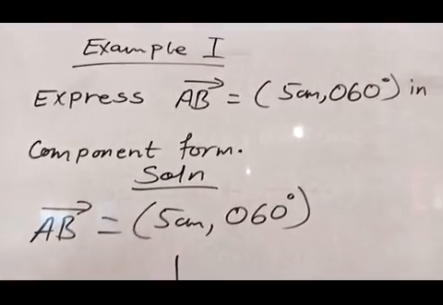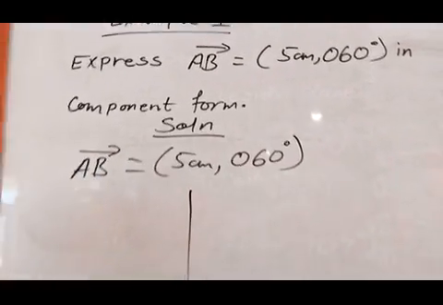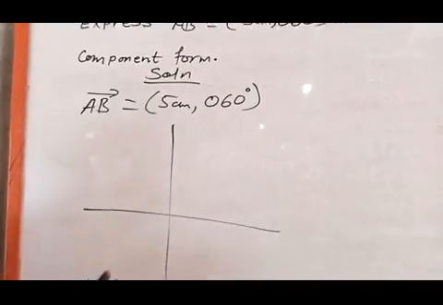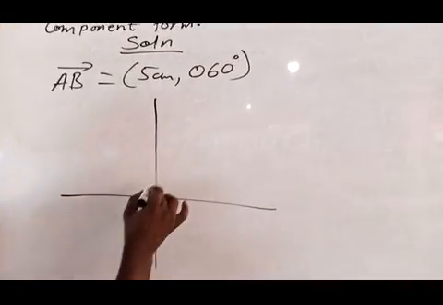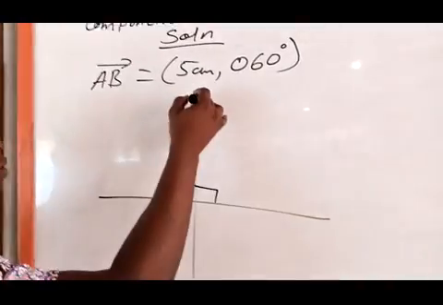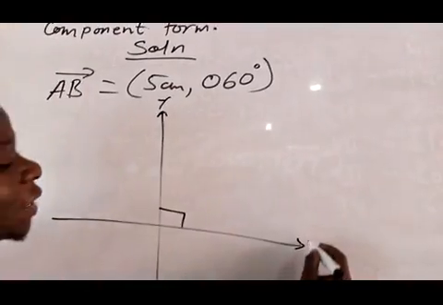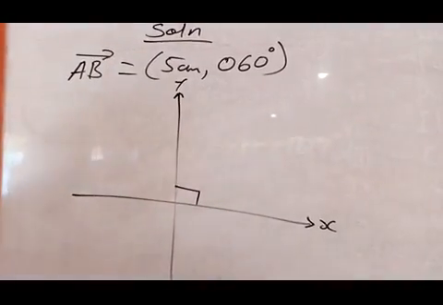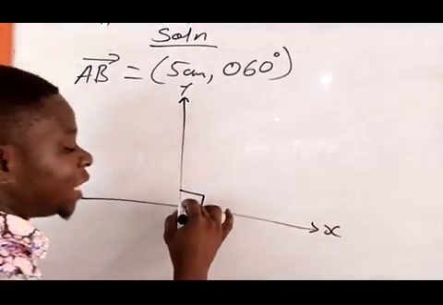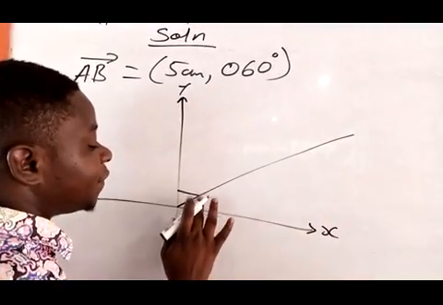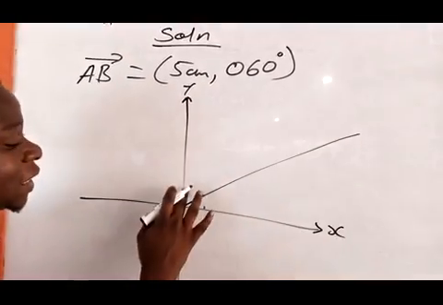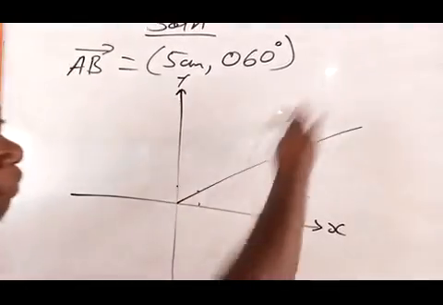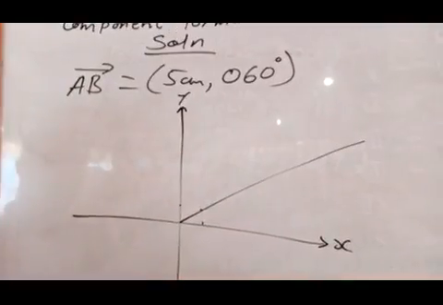So let's represent this on the Cartesian plane. 60 degrees is less than 90, so it is going to be in the first quadrant. This is my y and that my x. So you just draw a line from the center towards that direction in the first quadrant.